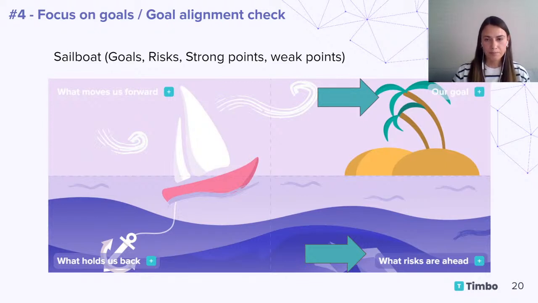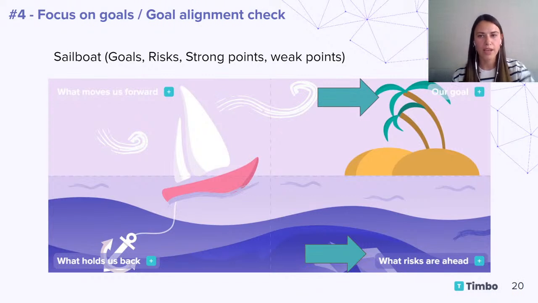At the same time, this template gives you the ability to look at the risks that might prevent you from achieving a goal. And at the same time, you can see what holds you back, what may not help you to achieve the goal.